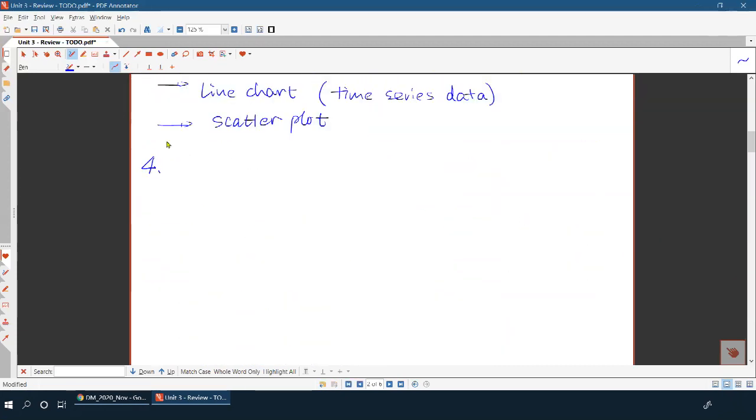Okay, the next part is we also learn some common numerical descriptive techniques. Okay, these are including 4 parts. First part is the measurements of central location.